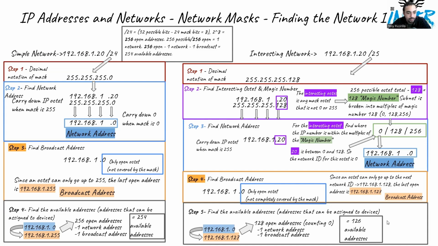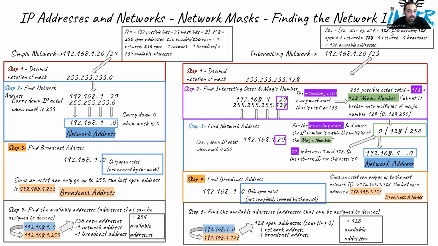So remember that shortcut we had using only the subnet mask? Well, we can use that here too. So we got /25, 32 possible bits, minus the 25 we just used, leaves us with 7. So 7 has the option of being on or off. So we do 2 raised to the 7, which gives us 128.